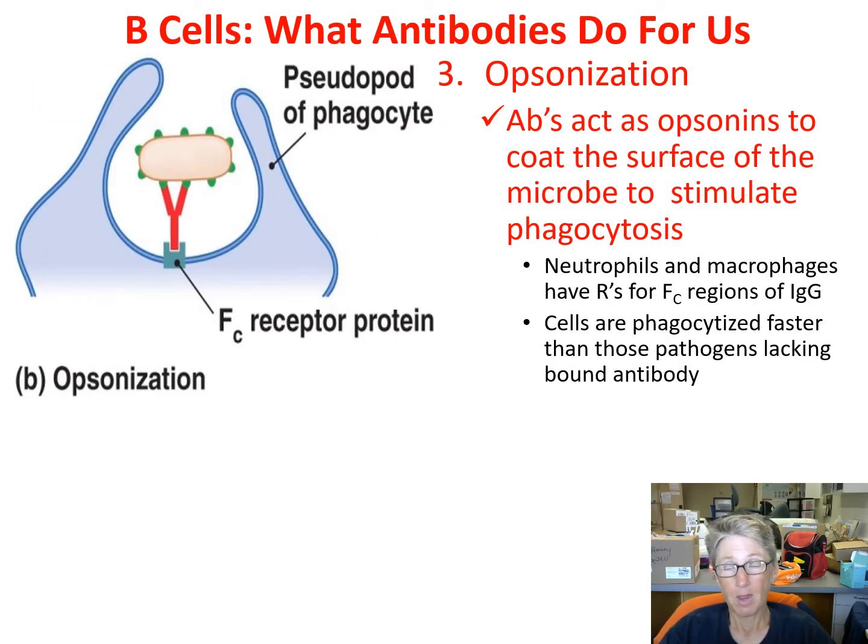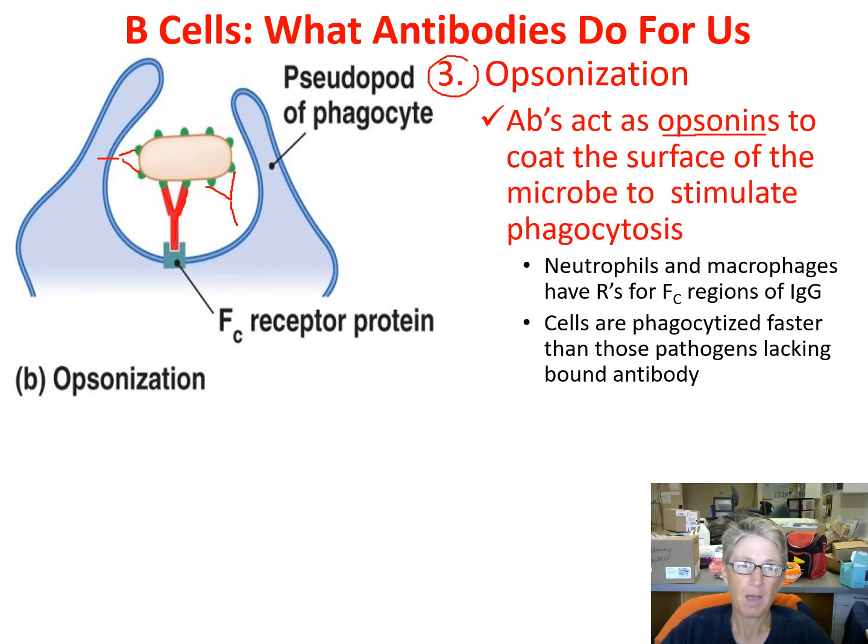The third thing the antibodies do for us is opsonization. Antibodies act as opsonins to coat the surface of the microbe. This is a single antibody, but you could have more antibodies making a nice coat on the surface of the bacteria or microbe, and that stimulates phagocytosis.